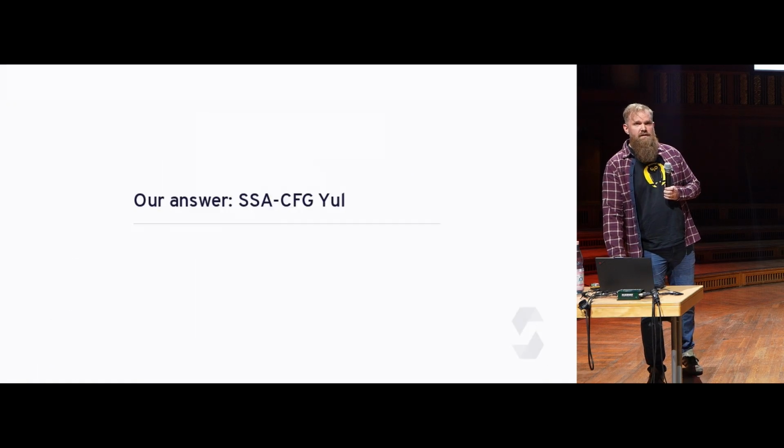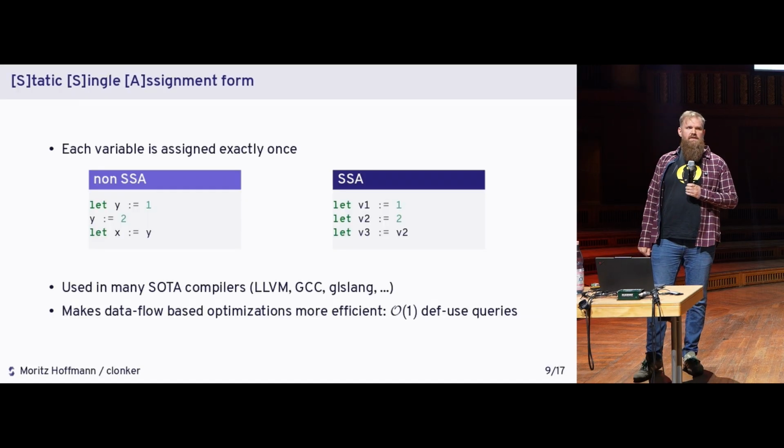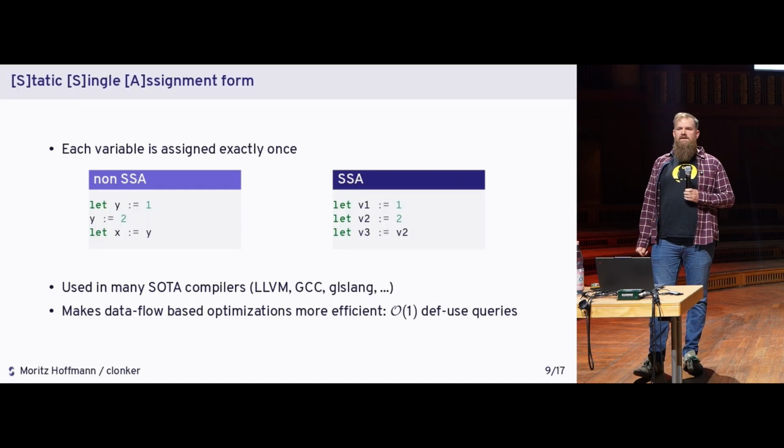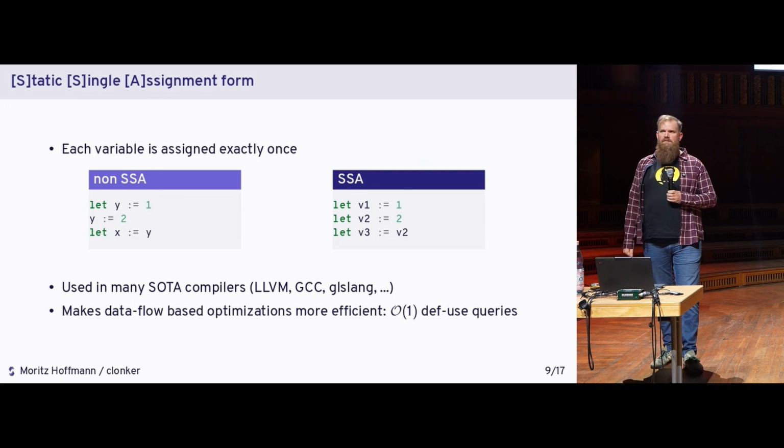So that leaves us with SSA CFG Yul. And SSA and CFG are 2 nice acronyms that I want to explain a little bit. So SSA stands for Static Single Assignment form, which means I will transform a piece of code. On the left-hand side, I have a non-SSA version, which is y equals 1, then I set y equals 2, and then I set x equals y.